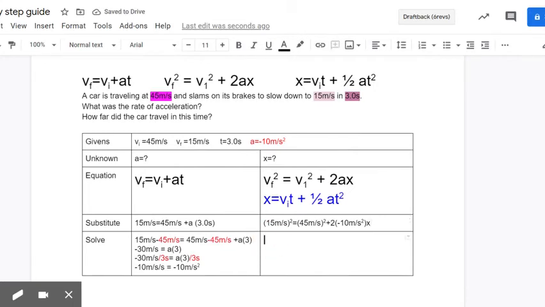Okay, continuing with the black. 15 squared is 225. 45 squared is 2025.